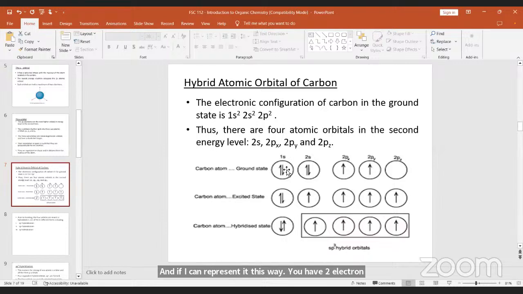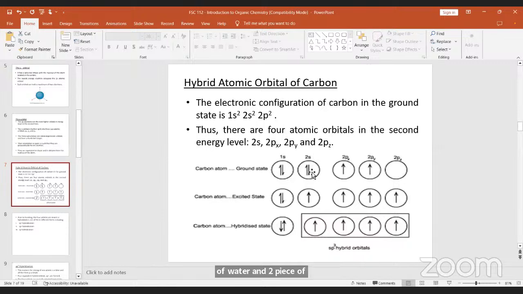When 2 electrons are in a particular orbital, they assume different directions because one is spinning clockwise, the other is spinning anti-clockwise. So you have 2 electrons in the 1s orbital, 4 electrons in the second orbital, but the second orbital also has a 2s suborbital and 2p suborbital.